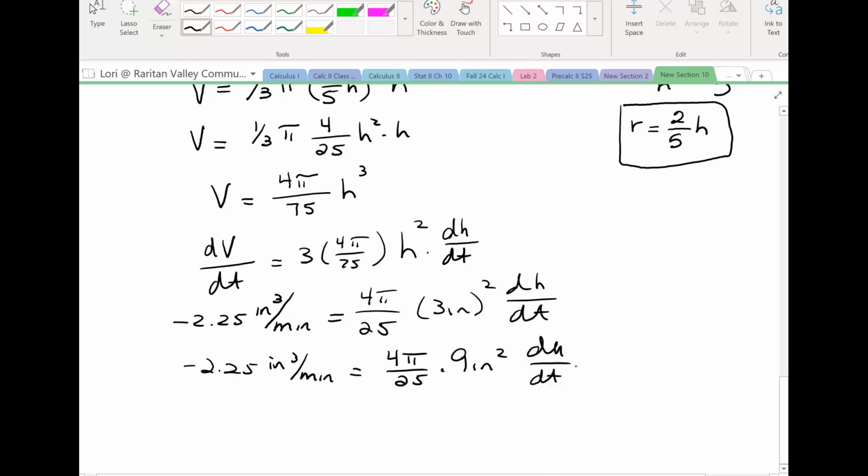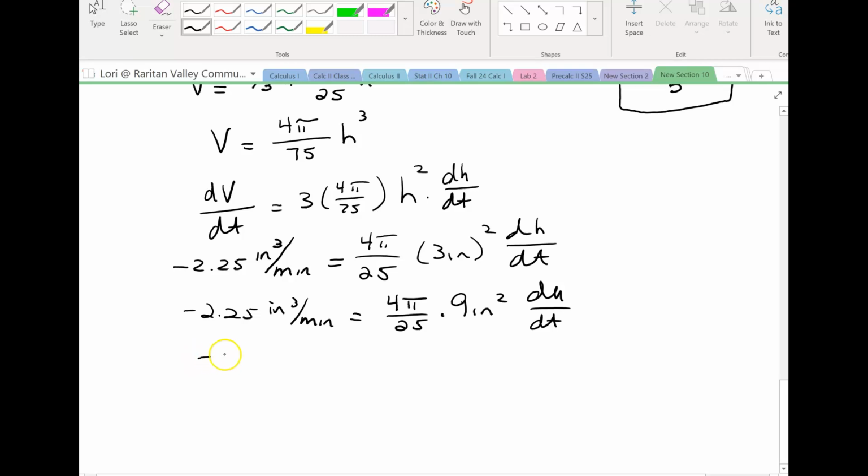I'm going to do it underneath. You don't have to show as many steps as I am, but I want to make sure we're all on the same page. Okay.